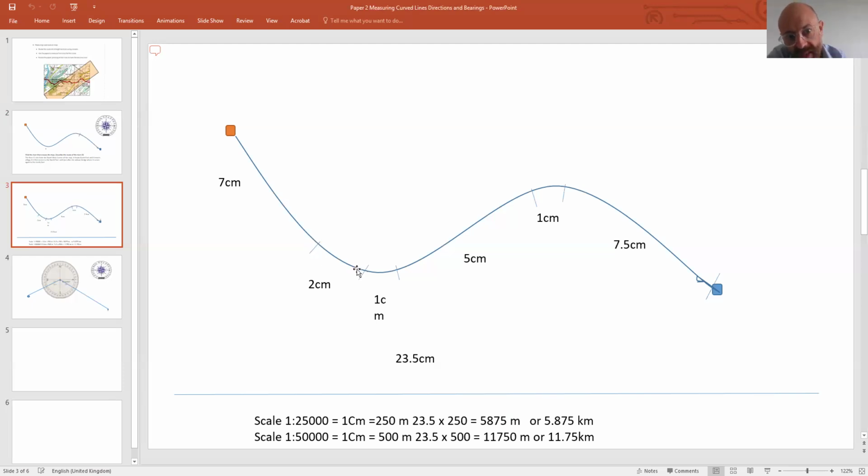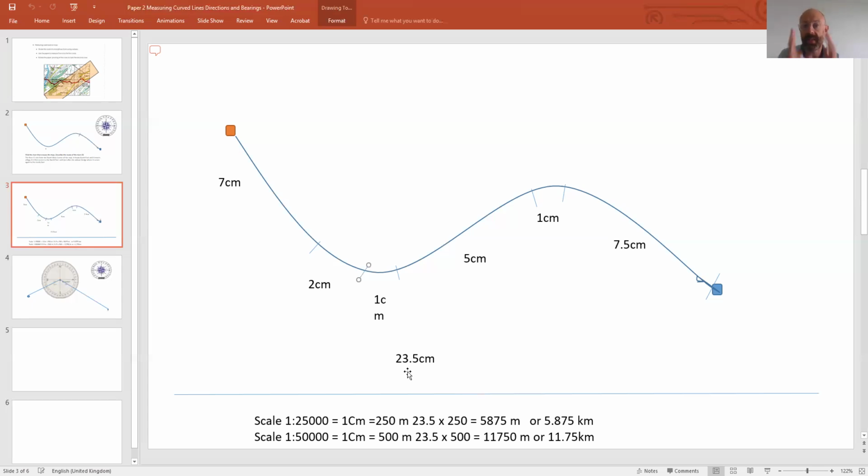I rotate to get another straight bit of line in, marking on my little strip of paper, but also marking on the map. So I know where I'm rotating from. Next one, record the distance, marking on the map and the paper, twisting the paper round from your last mark to the next one where you can get a straight line in, mark it. And then you lay out the total marks you've got, and you use your ruler to add up the distance. In this case, it's 23.5 centimeters.